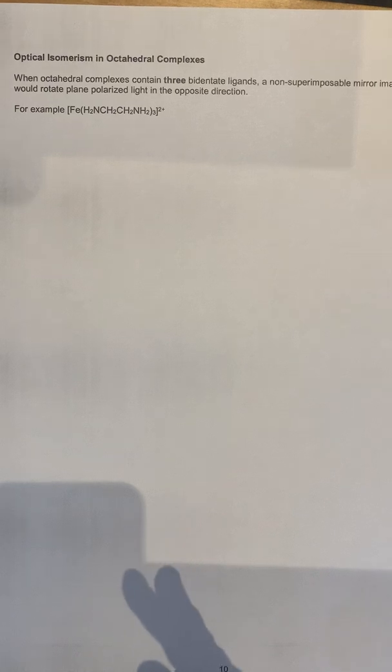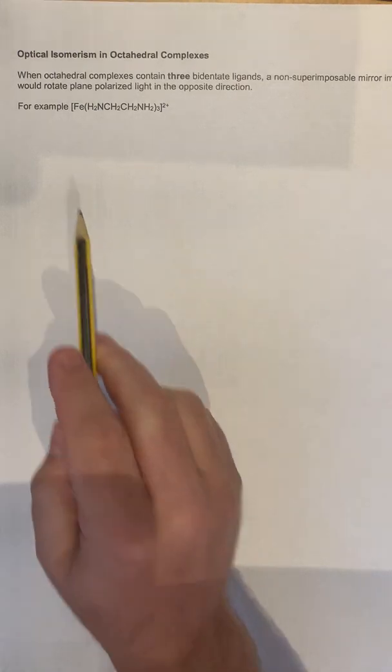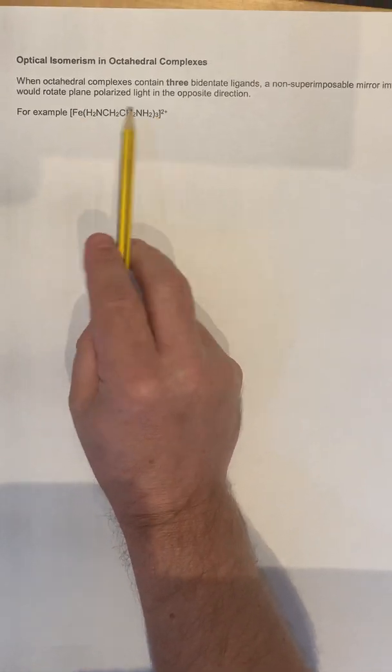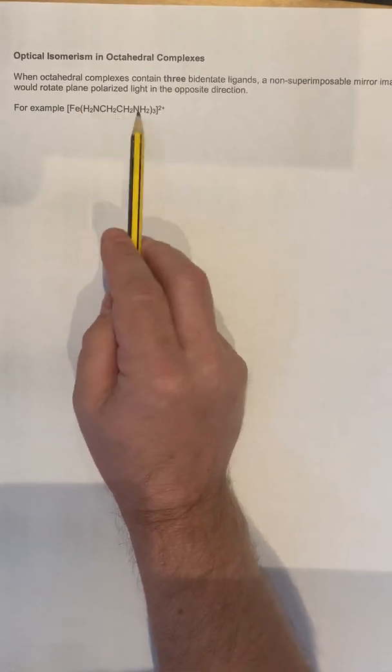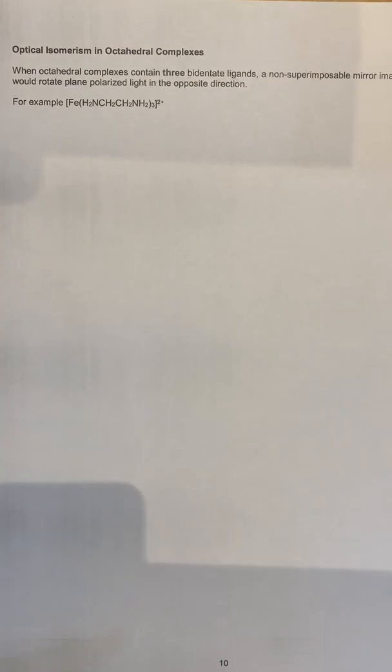So we've got 6 bonds still, which would mean it's octahedral with 90-degree bond angles, but we've actually only got 3 ligands in there because each one forms 2 coordinate bonds. Now, the example that I'm using with this one is iron 2+, and it's bonded to 3 ligands of ethane 1,2-diamine or 1,2-diaminoethane, the other name for it.